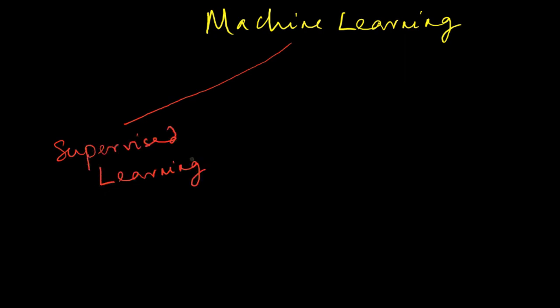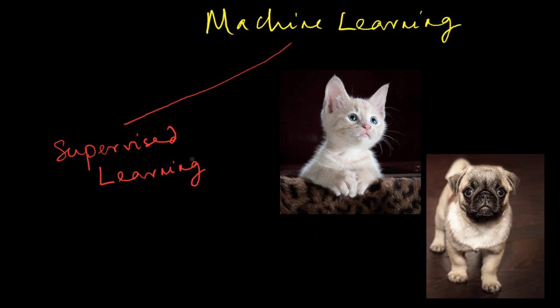So a simple example of supervised learning is, let's say you are given the image of an animal and you want to find out whether it's a dog or a cat. So what do you do? You collect lots of such images of dogs and cats and you label them as dog and cat and you feed them into your machine learning algorithm.